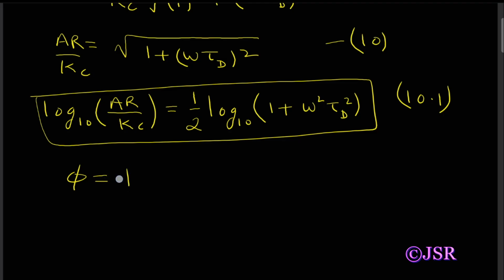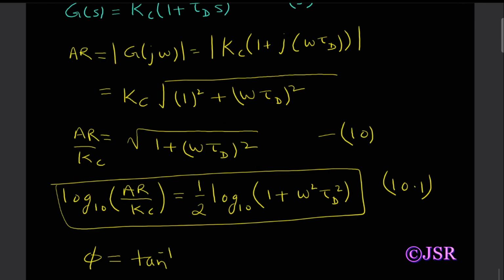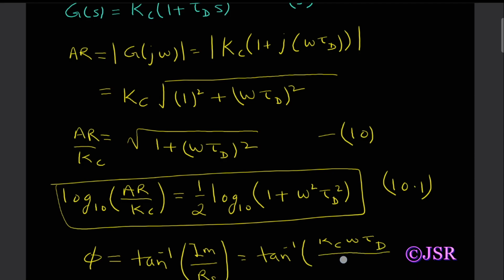The phase shift phi can be written as tan inverse of the imaginary part of G of j omega upon real part of G of j omega, which can be simplified as Kc omega tau d, this is the imaginary part, upon the real part, that is Kc.